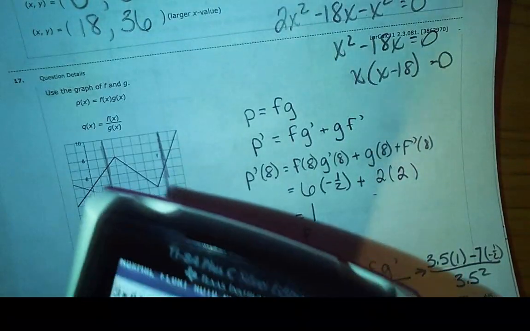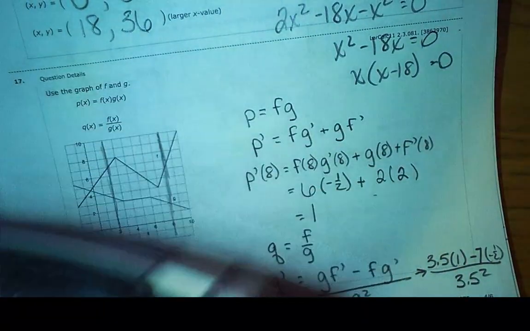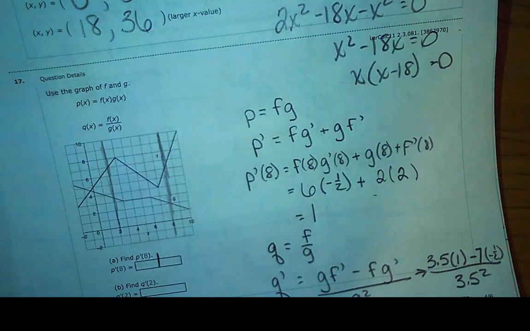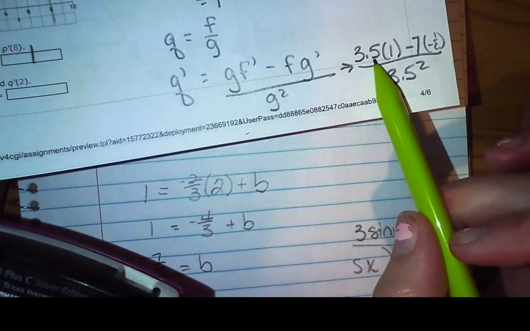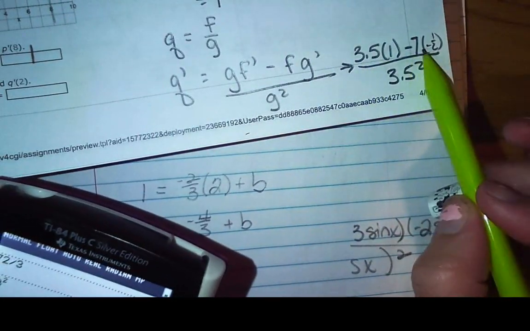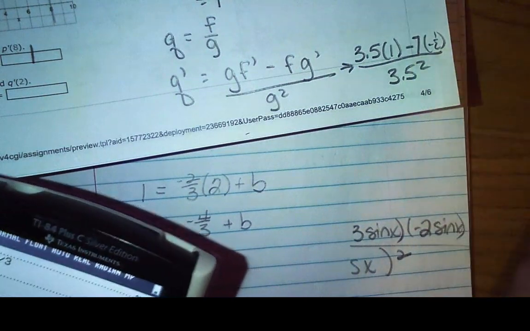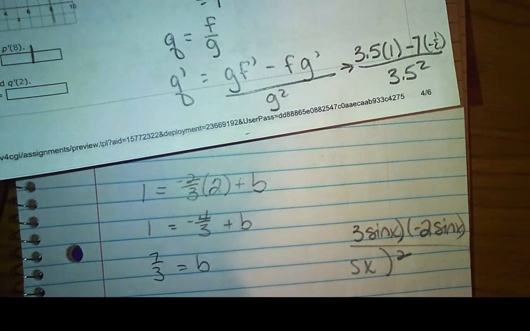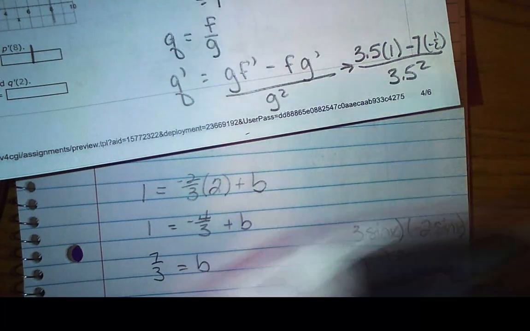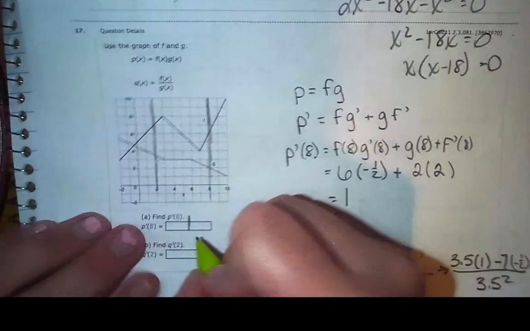I'm going to turn this into a fraction. All right, hang on, so you can't see. So 3.5 here, and this turns into a plus. Half of 7 is 3.5, so I get 7 in my numerator. So 7 divided by 3.5 squared in fraction world is going to be 4/7. Okay, so that is 4/7.